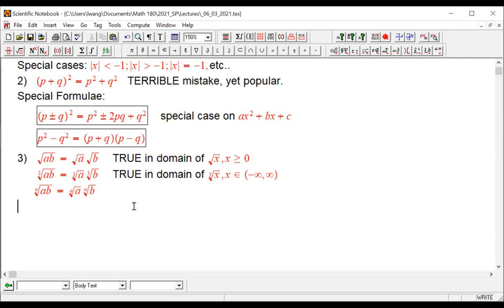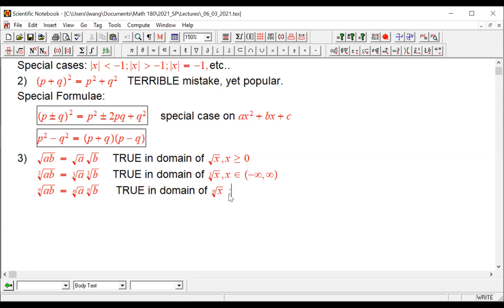We have tons of exercises in the notes about how to simplify root 2, root 3, combining like terms, and all of those very basic essential skills. And it's true in the domain of whatever that nth root function is.